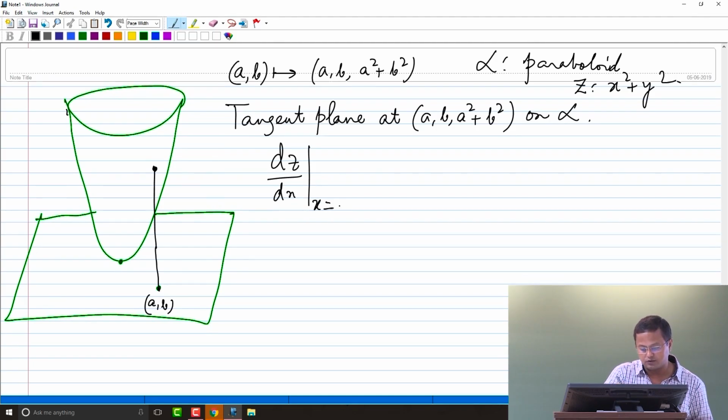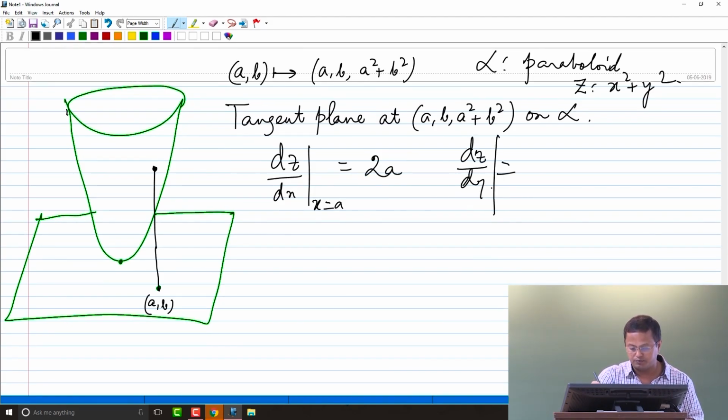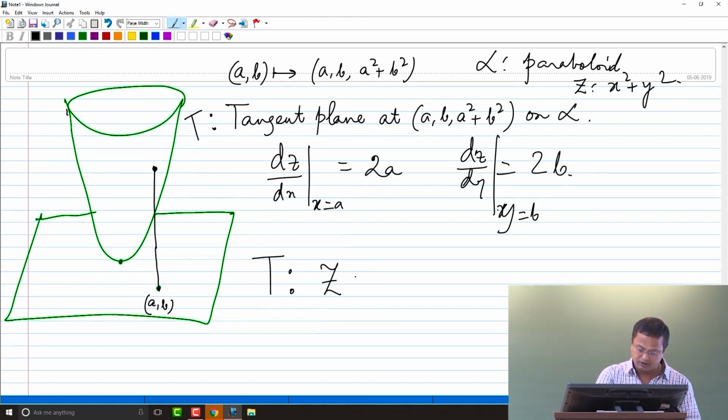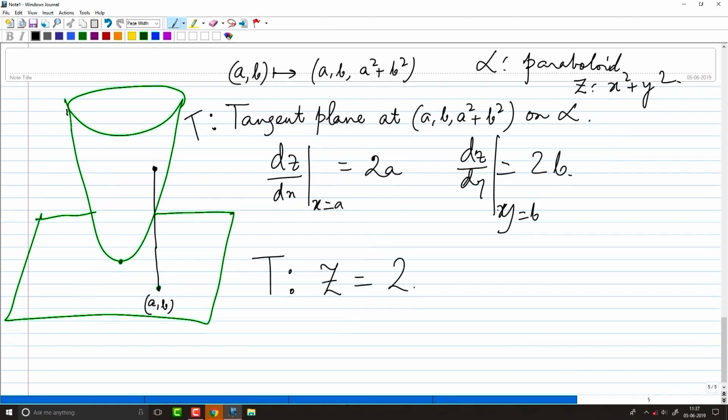At x equals a, this should be 2a. Similarly, you do for y, it should be 2b, right. So, the equation of the tangent plane would be, I checked the computation, with a constant k. We will evaluate this constant.